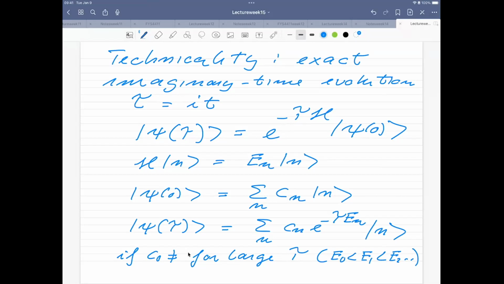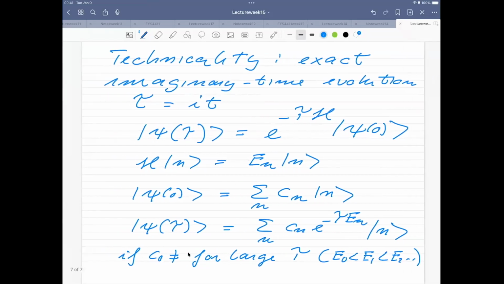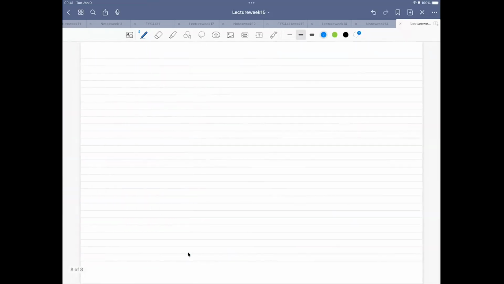So if I let tau go to large values, what I will get then is that psi of tau is proportional to e^(-tau E0) times |0>. So what you can say then is that this imaginary time propagation actually filters out the exact ground state of the system.